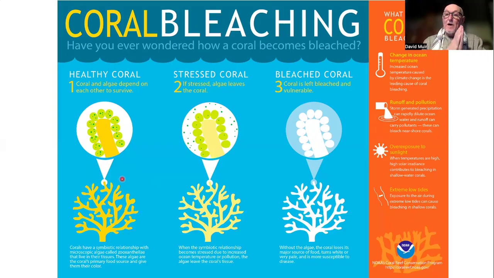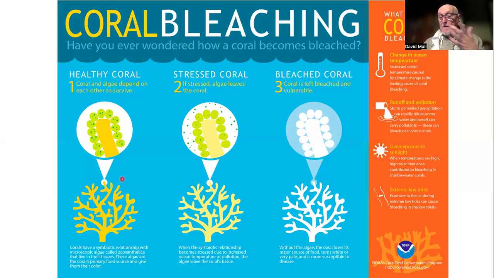The zooxanthellae are provided with lots of carbon dioxide, which they need for photosynthesis. They are sheltered and protected, and they are kept in a relatively constant metabolic environment. So they function very well. In return, during the daytime they provide oxygen to the corals, and lots of sugars and things like that from the process of photosynthesis.